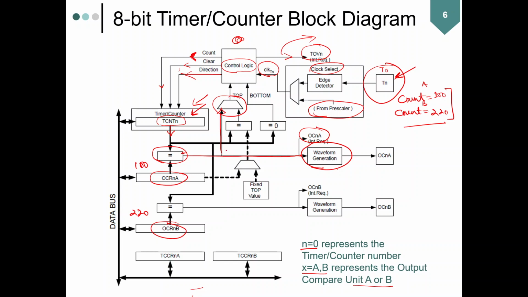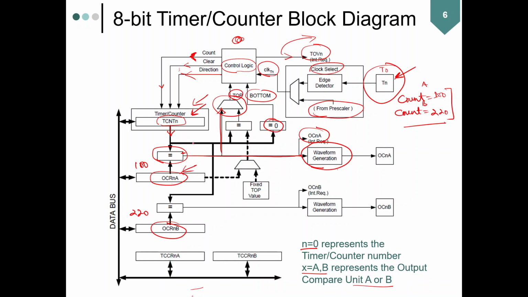So this signal over here, this top, we are going to shortly define this top and bottom. Bottom is the lowermost value from which you start counting, and top is the maximum value up to which you count. The bottom is at 0, but the top you can also define through this output control register, that is, the maximum value up to which you want to count.